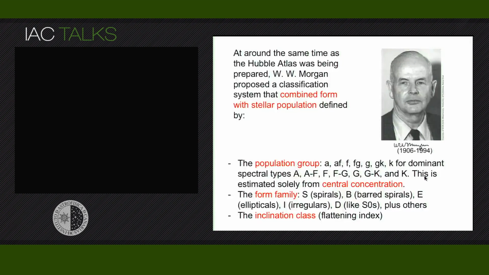He developed a purely morphological scheme of looking at the central concentration of a galaxy and deducing its stellar population. And he used these population groups, which are lowercase letters of spectral types. Spectral type A is a galaxy dominated by fairly early type stars, whereas spectral type K is a galaxy dominated by fairly late type stars.